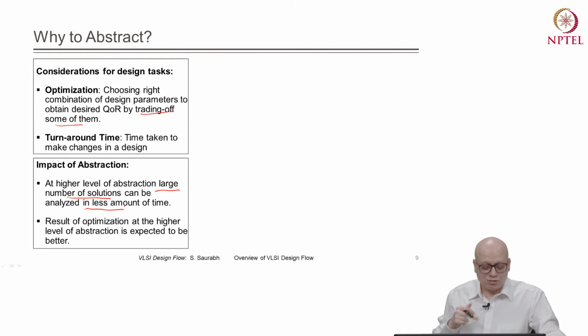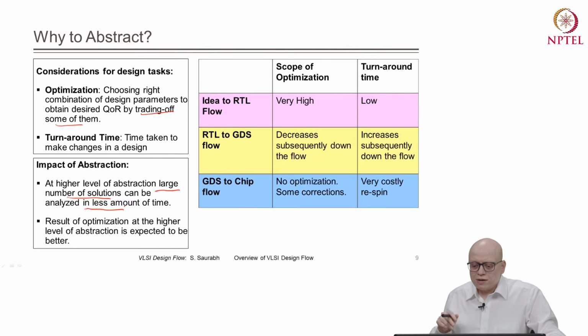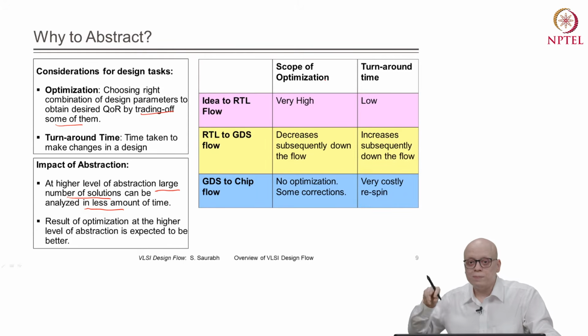And so, as a result, optimization at a higher level of abstraction is expected to be better. The scope of optimization is very high at the top level, right? Because there are less details, so we can try out many options and then choose the best out of them.